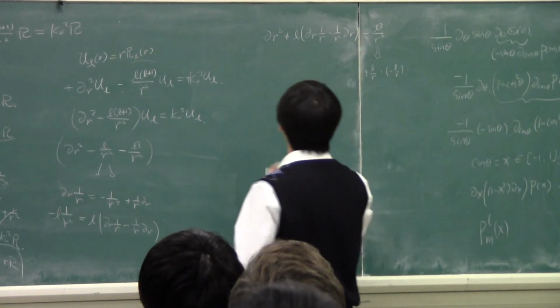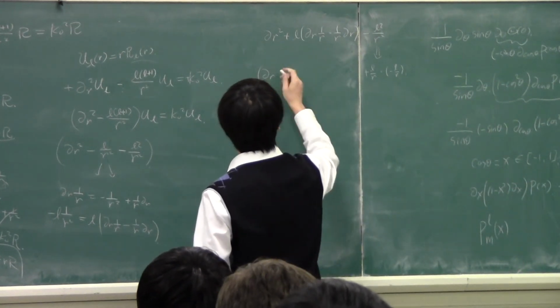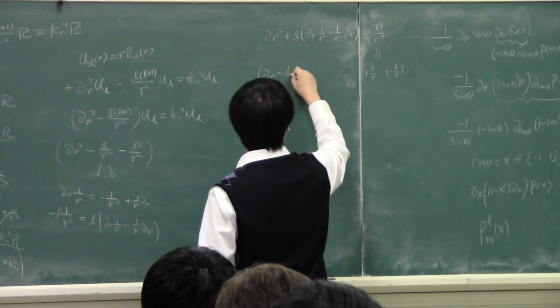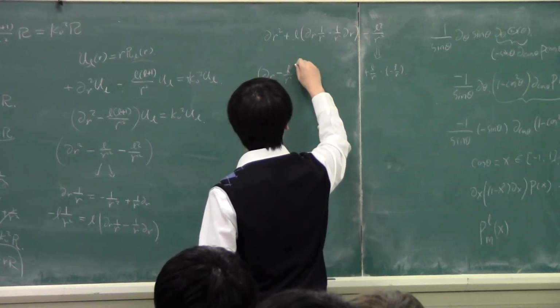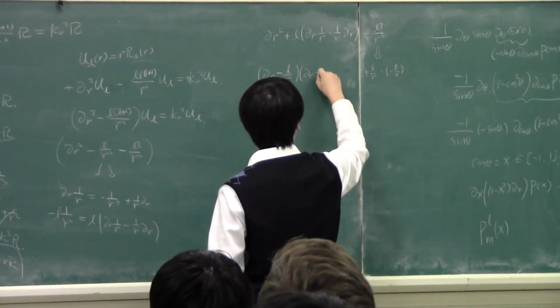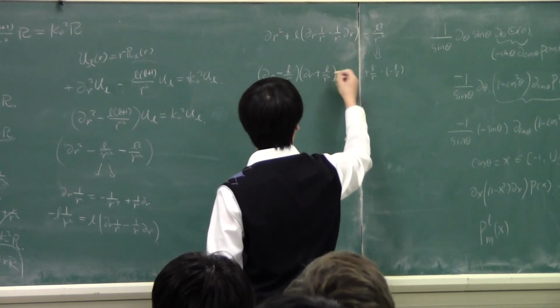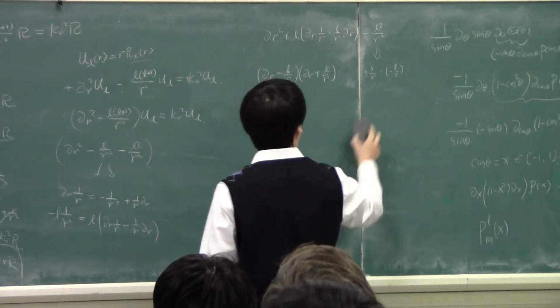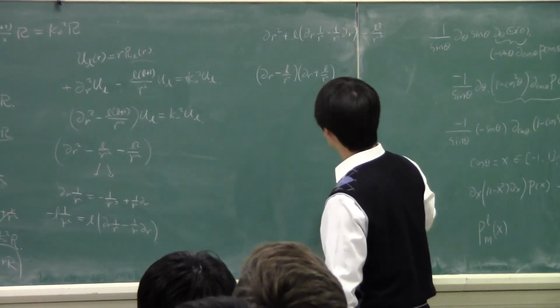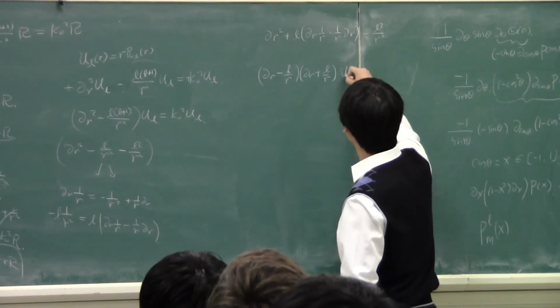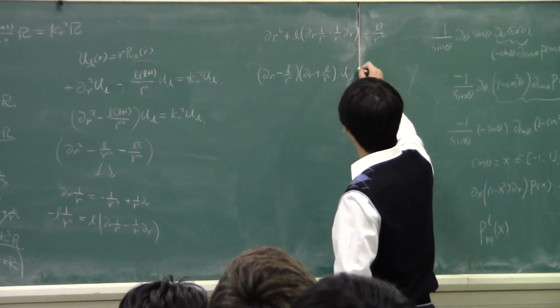So this factors into d_r minus L over r, times d_r plus L over r. So we have successfully reduced the order, in a way.